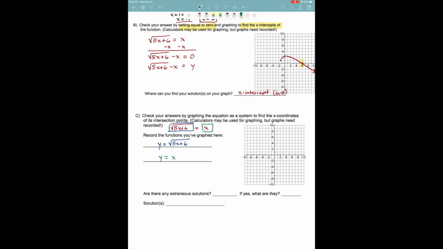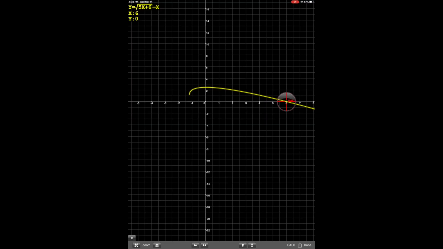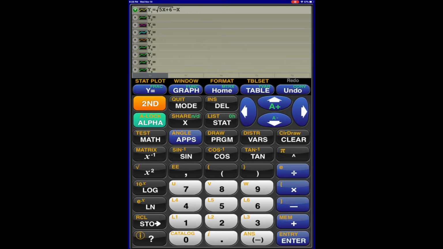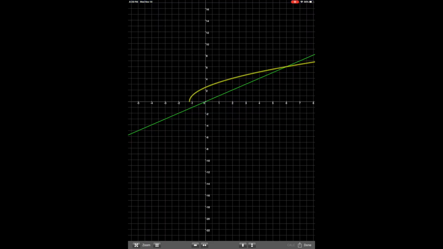So I'm going to jump back to the graphing calculator again. Sorry, we're jumping back and forth so much. I'm going to delete out the minus x, and then we're going to give that its own function and graph it.